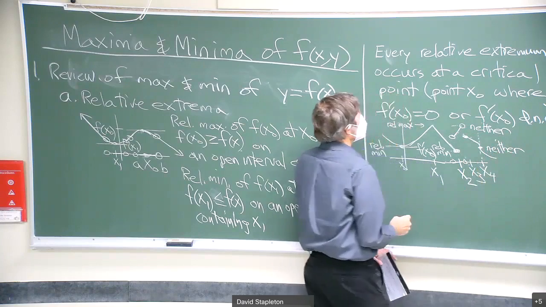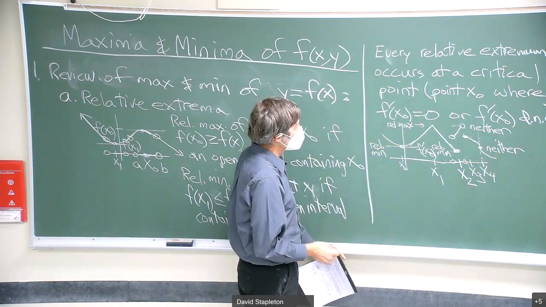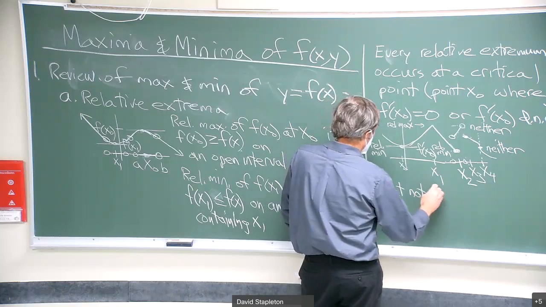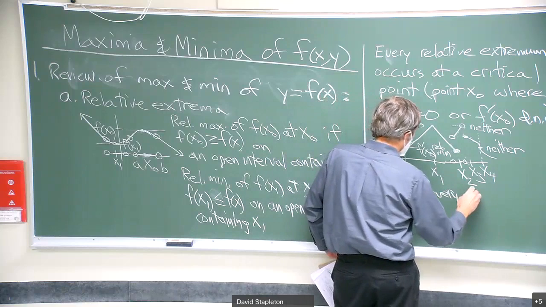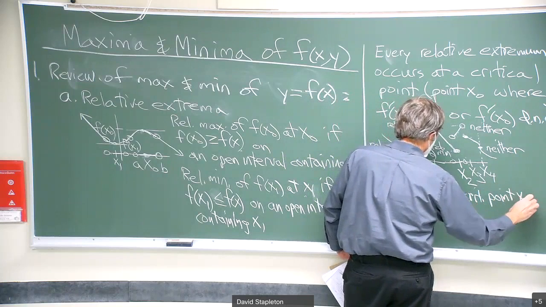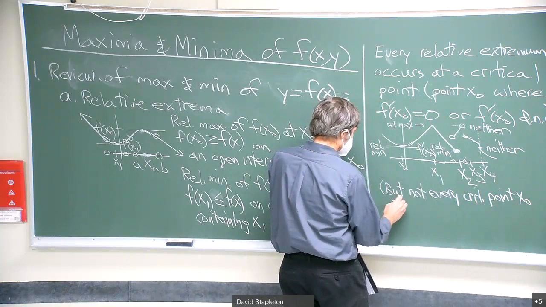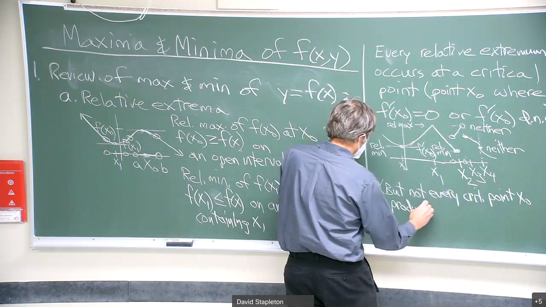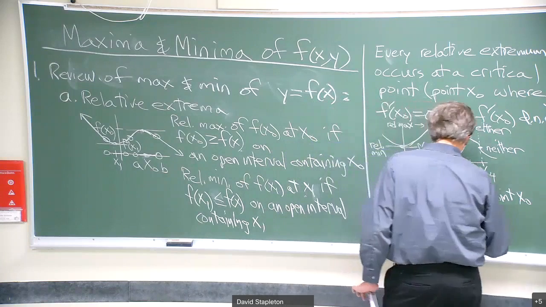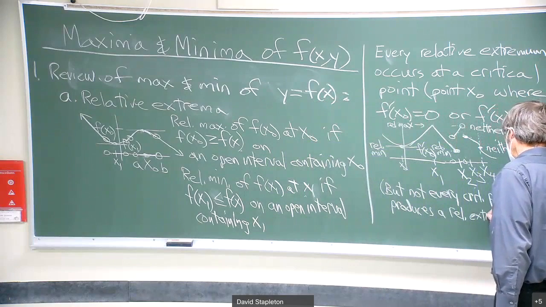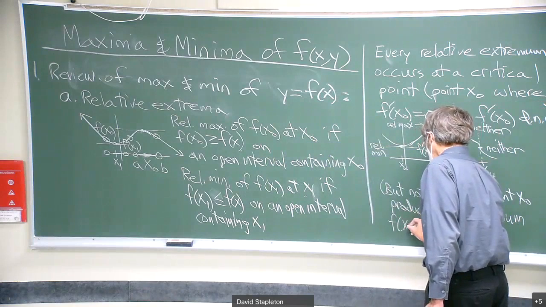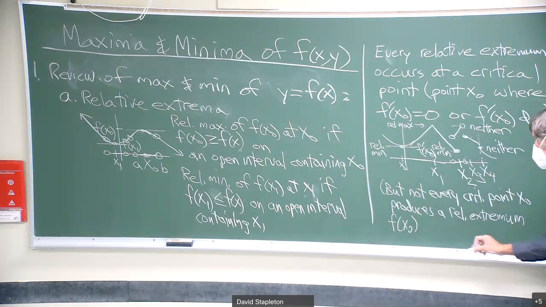So every relative extremum occurs at a critical point, but not every critical point x0 produces a relative extremum, max or min, the y coordinate, f of x0.